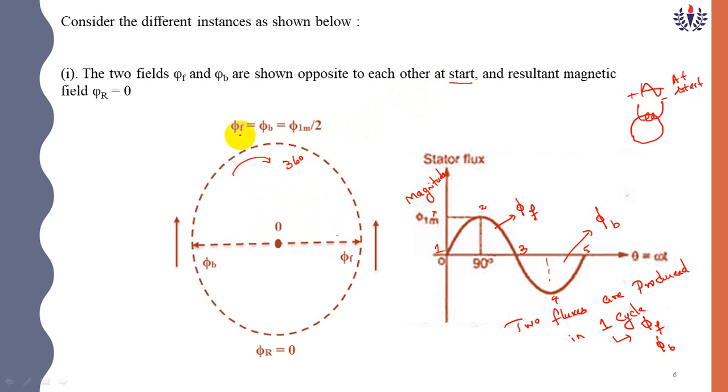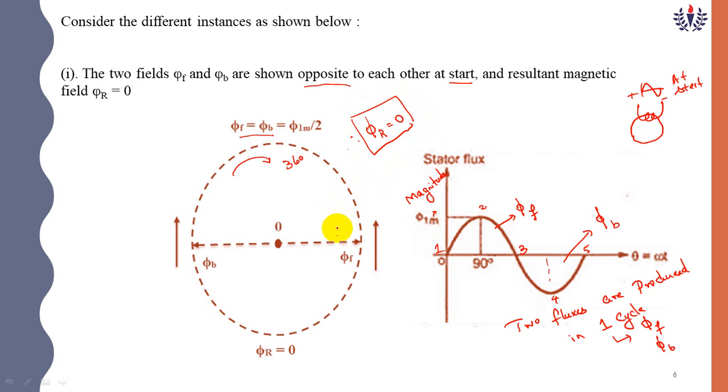You get equal flux in phi f and phi b, but they are opposite to each other. Due to these opposite directions, the magnitude of flux is divided by 2. Therefore the resultant flux phi r is equal to 0.